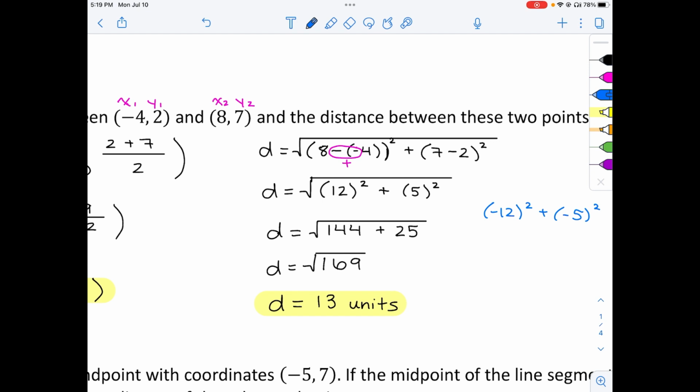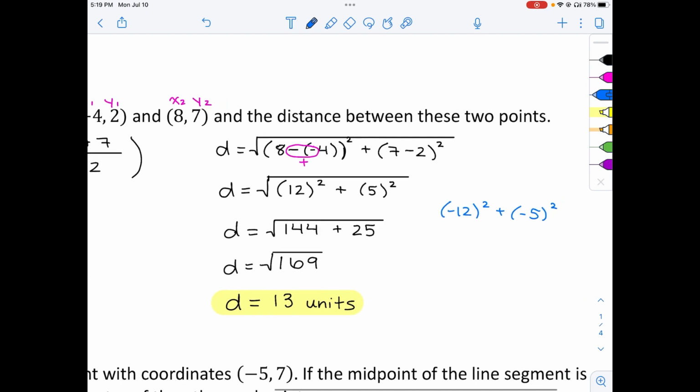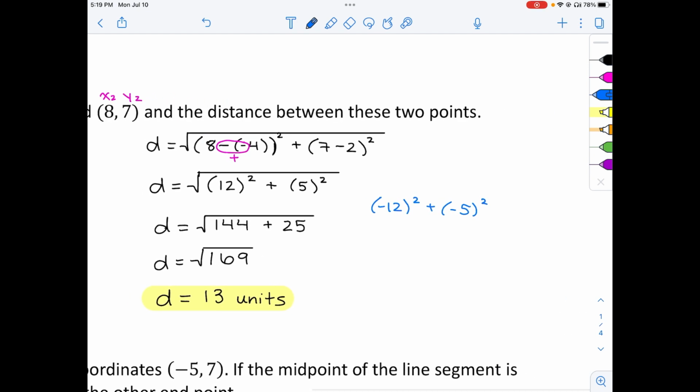If you do this on your calculator, you will not always get a positive answer because your calculator does not know how to do BEDMAS correctly. So if you type in -12 squared, you likely will get -144. However, that is not correct. You need to either type it in with brackets on your calculator, or you can just think, okay, when we're squaring a number, it means we are multiplying it by itself.